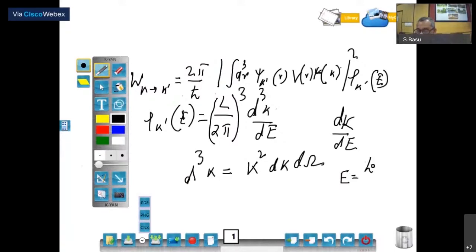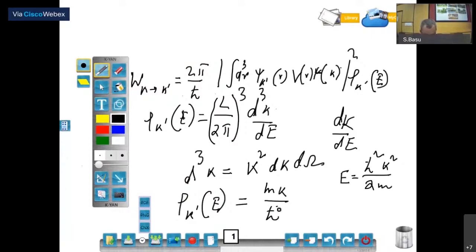So if you plug in all these things, I get rho k prime E equal to m k by h cross squared, times (L by 2 pi) cubed, times d omega. This is what I want to show you.